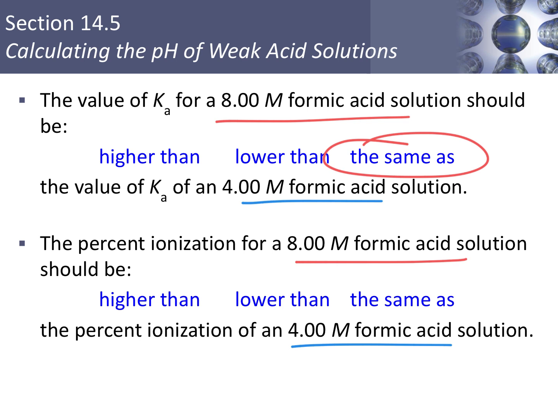What about percent ionization for these two different concentrations of the same acid? A couple slides ago, we said that the percent ionization or dissociation for a weak acid would increase as the acid becomes more dilute. So for an 8 molar that is more concentrated, we should see lower percent ionization compared to the percent ionization for a 4 molar formic acid solution.